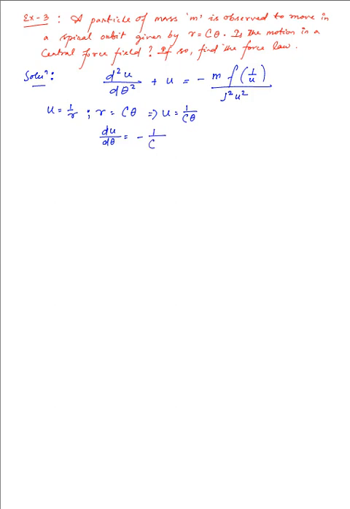So we have 1 over c theta squared for the first case, and then d2u over d theta squared is going to give us 2 over c theta cubed, and that is going to result in 2 times c squared u cubed, because as you know theta is equal to c times u, the reciprocal of c times u, so that's going to be c cubed u cubed, and the c gets cancelled out in the denominator with one of the c's at the top.